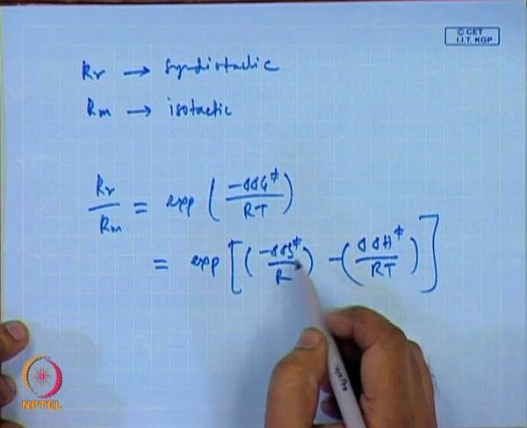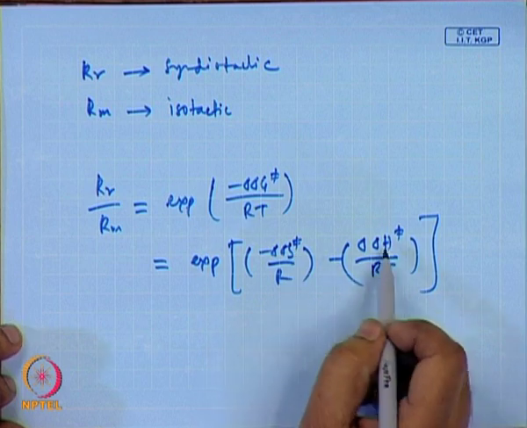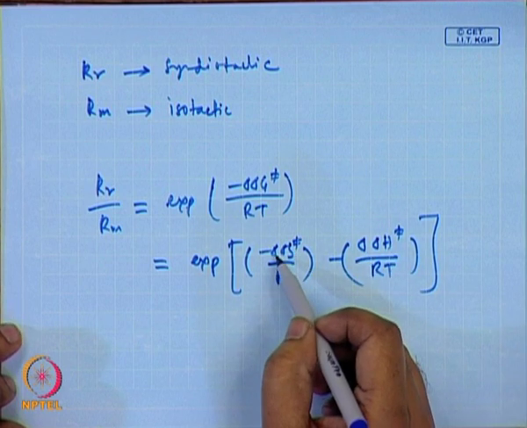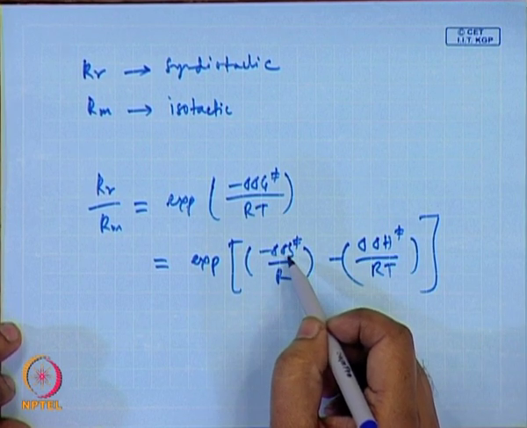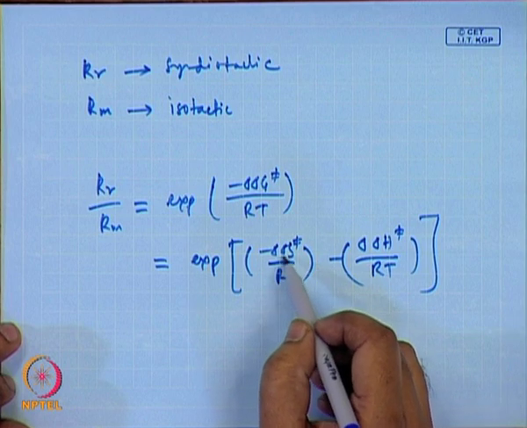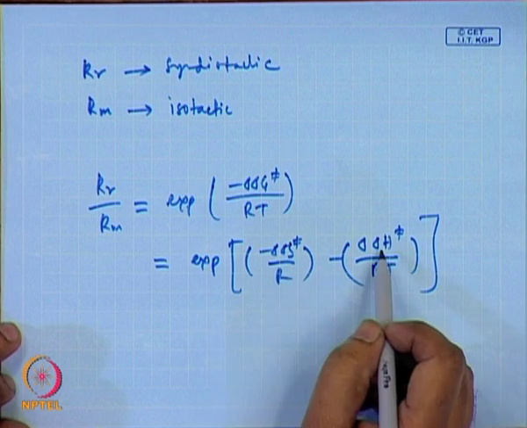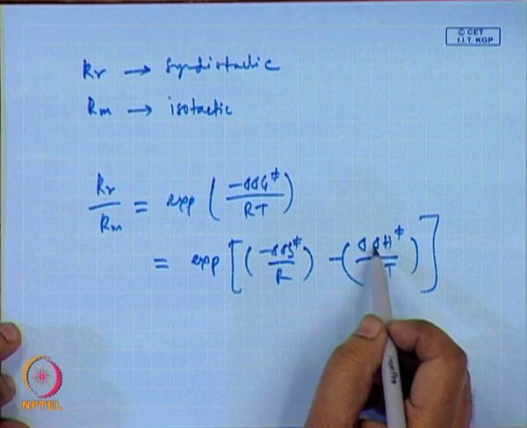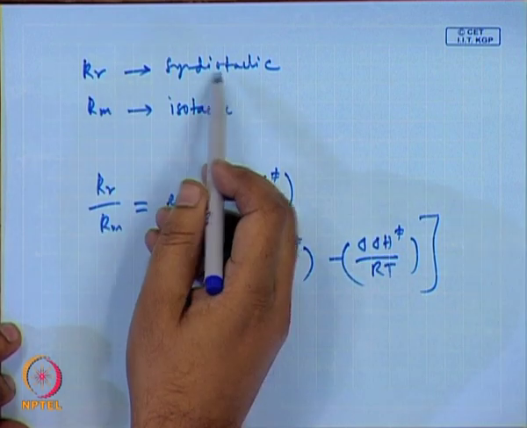Where this delta delta S star and delta delta H star are the difference in the activation entropy and the difference in the activation enthalpy between the two routes.